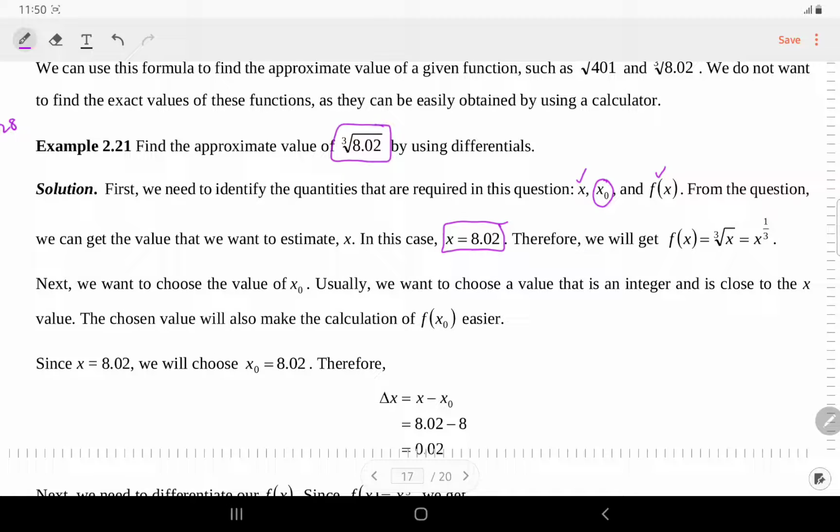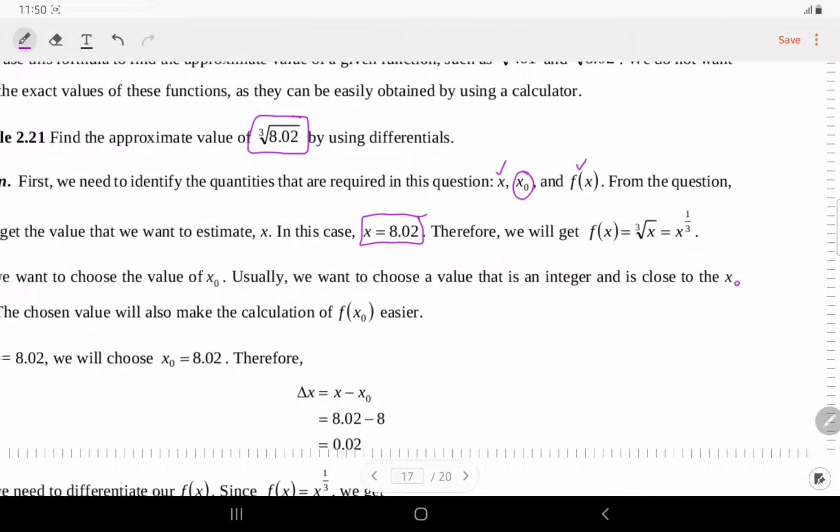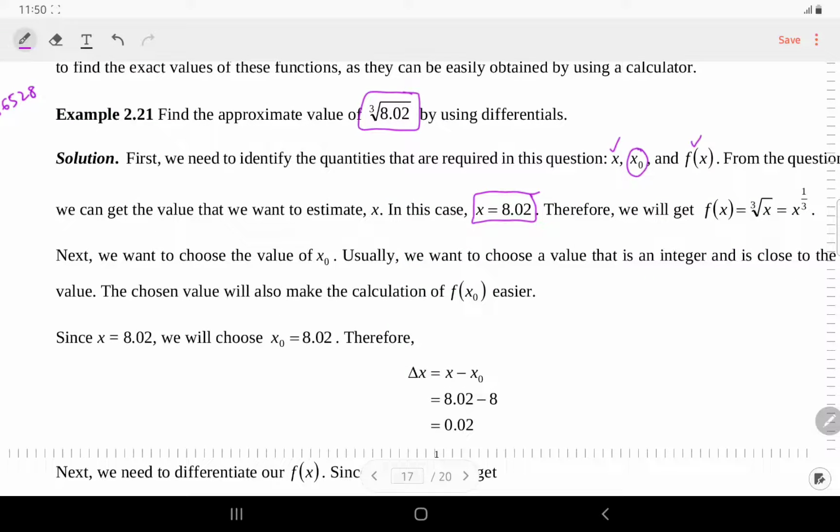Usually we choose our x naught as an integer that is close to the x value. Just now our x is 8.02, so we choose x naught as an integer close to 8.02, so we can choose x naught as 8. So this is 8 here, not 8.02. There is a typo there.